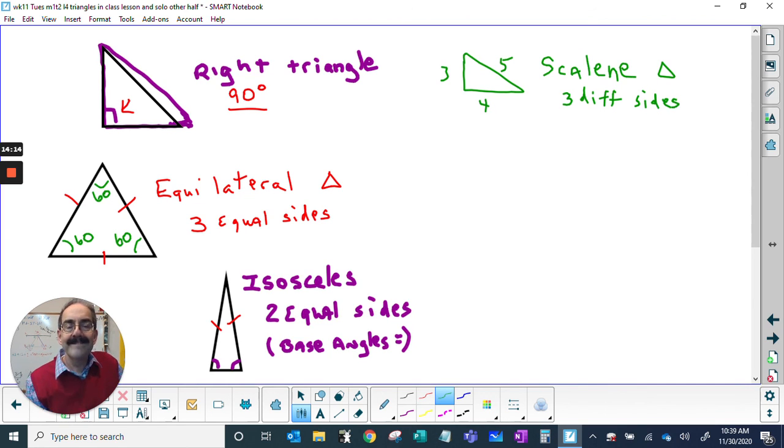So we got a right, equilateral, isosceles, scalene, acute, and obtuse. Acute: all angles less than 90 degrees is acute.